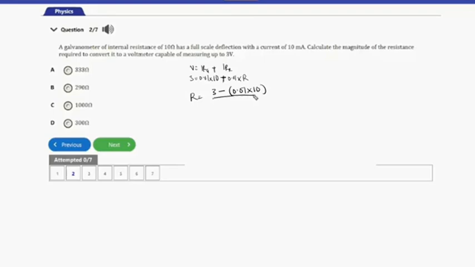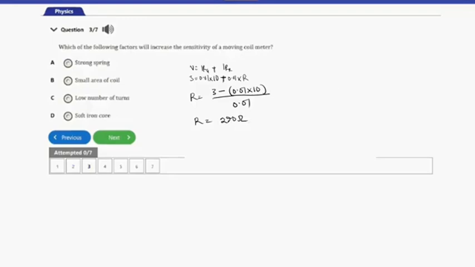So 3 volts minus 0.1, and all this over 0.01. So guys, that's 290 ohms, and that's option B here. So let's go ahead and consider the next question, guys.